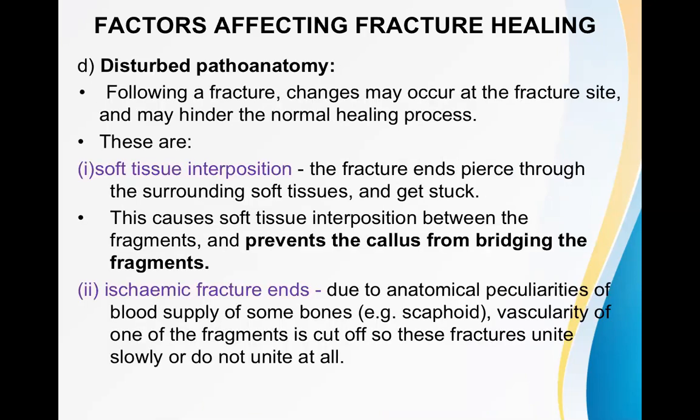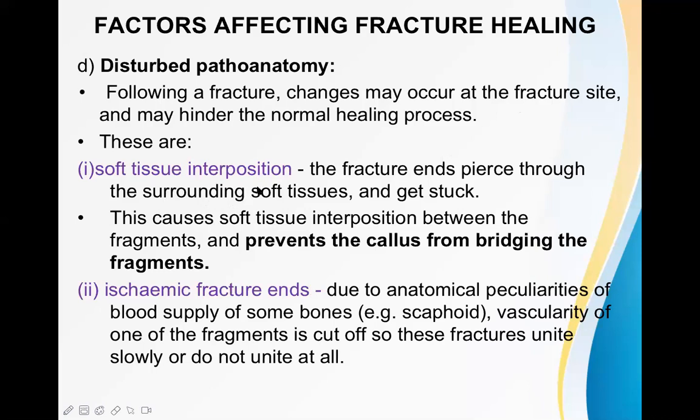Now, another important point is disturbed pathoanatomy. Let me explain what we mean by this. Following a fracture, changes may occur at the fracture site and may hinder the normal healing process. These are soft tissue interposition and ischemic fracture end.